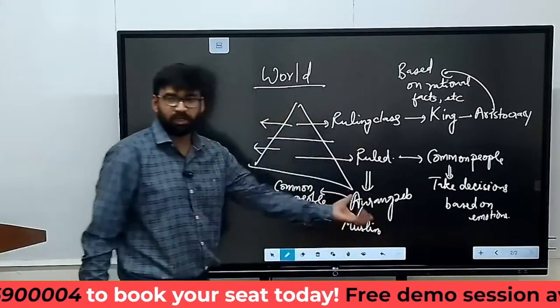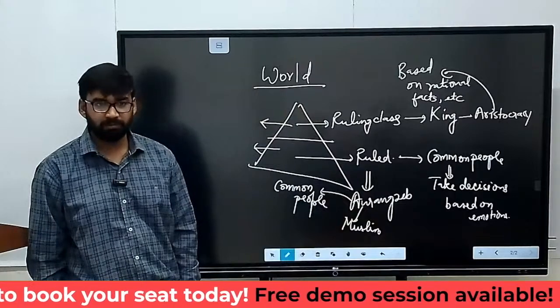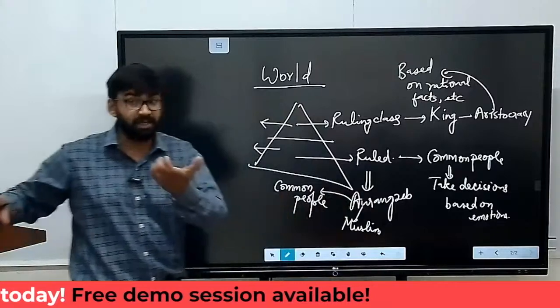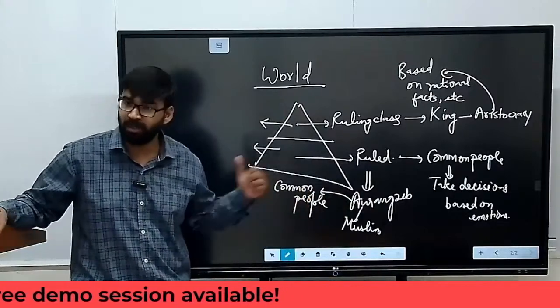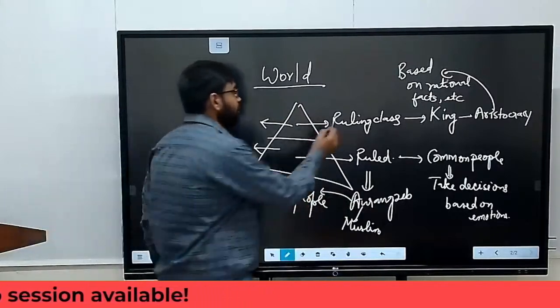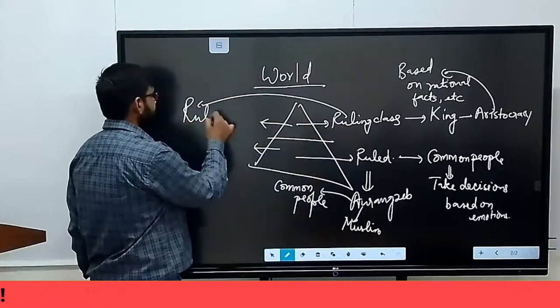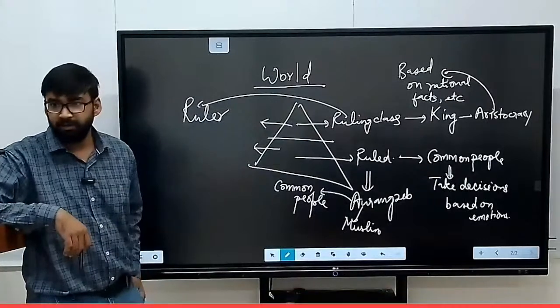Hindus will see Aurangzeb as a Muslim ruler. And Muslims will see Aurangzeb as their important ruler because he belongs to the Muslim community. But the ruling class will see Aurangzeb as a ruler.